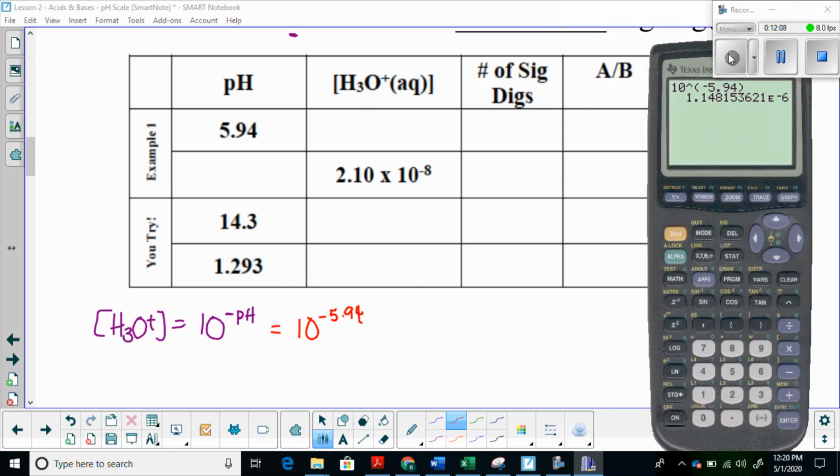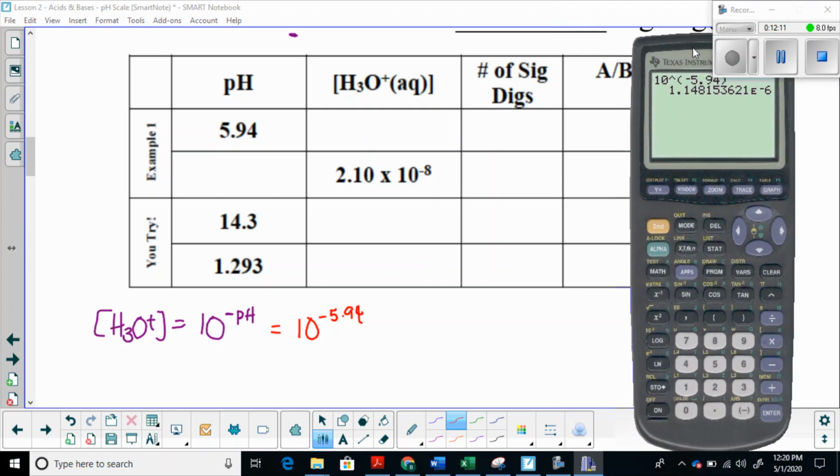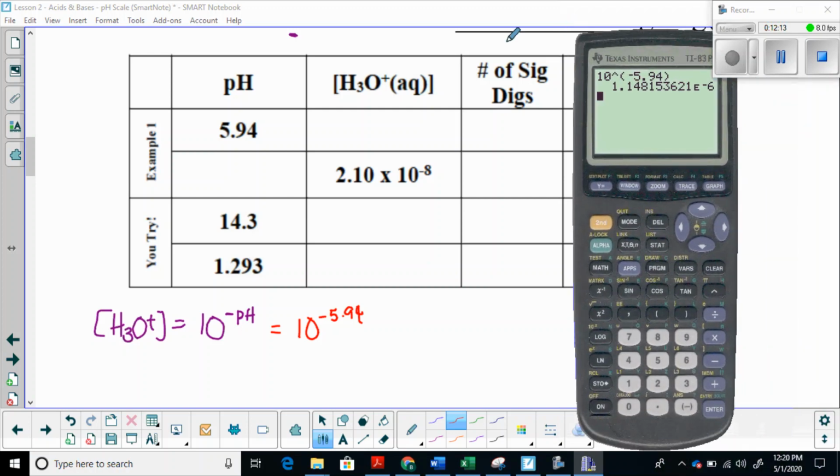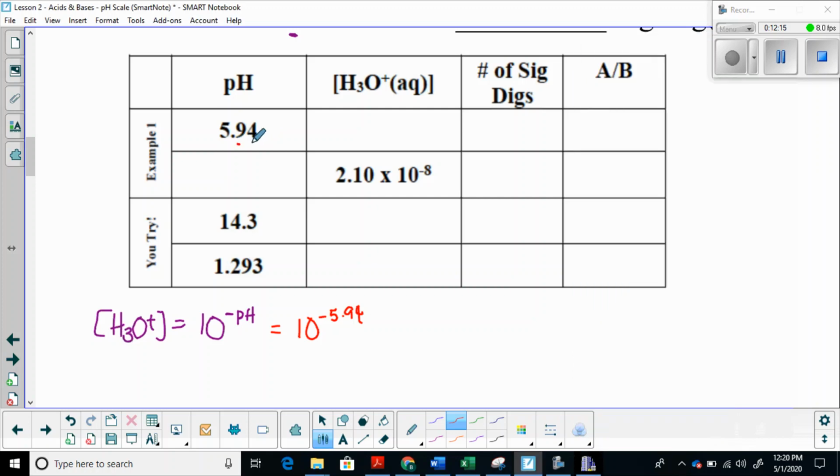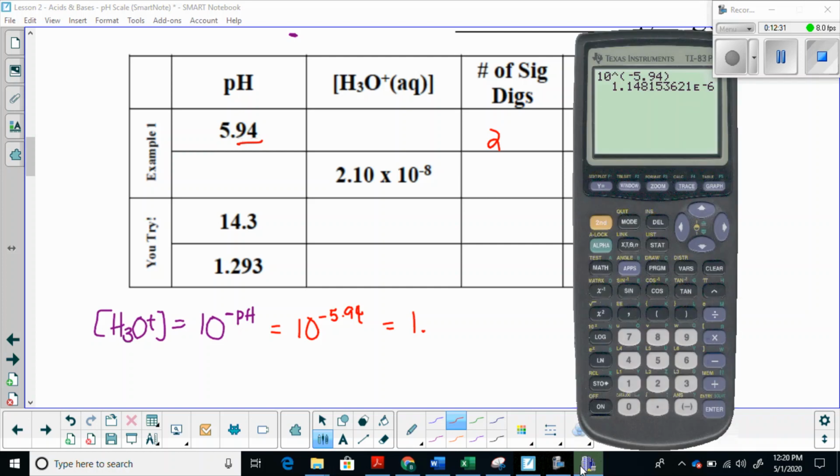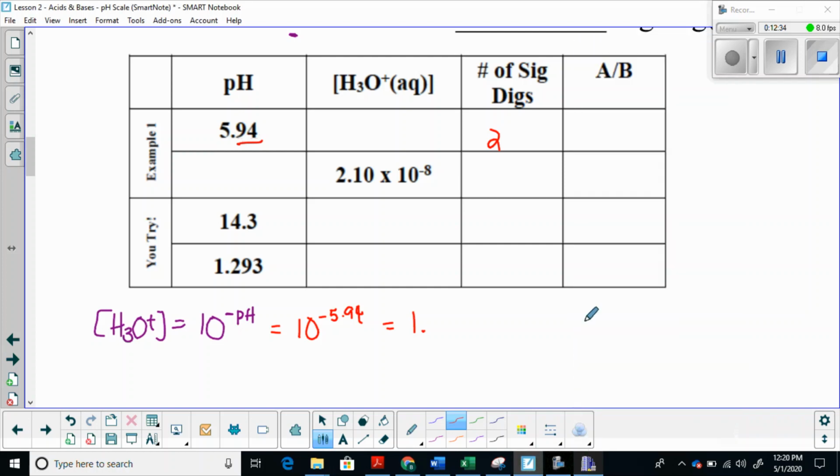Now, it's really important that we report our answers to the correct significant digits. So in this here, we have 2 significant digits, okay? And the answer that we got from our calculator was 1.148... times 10 to the negative 6 moles per liter.